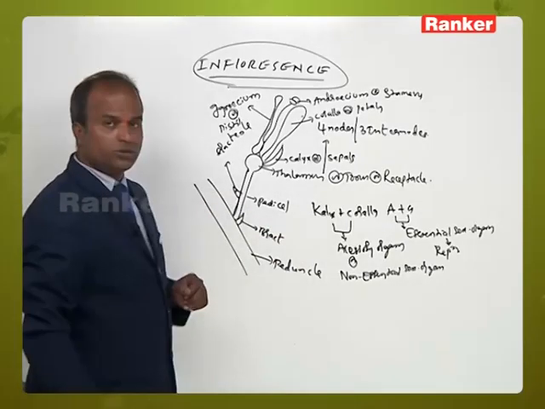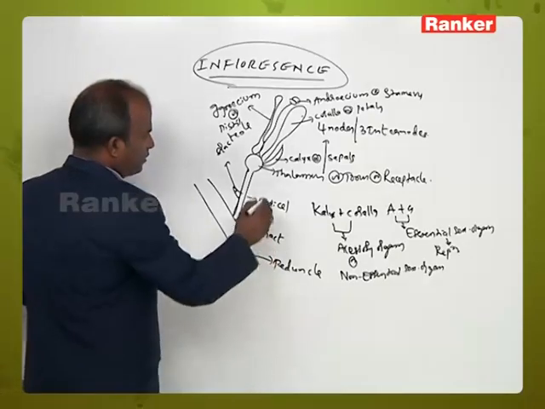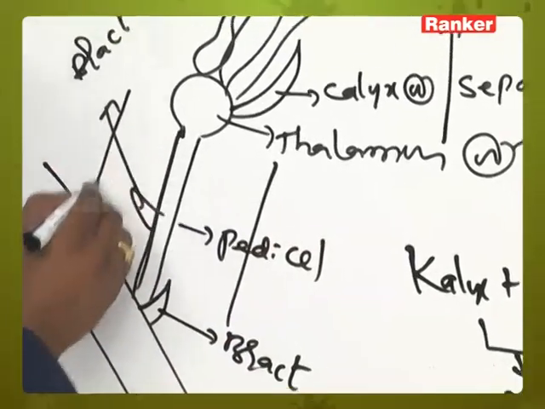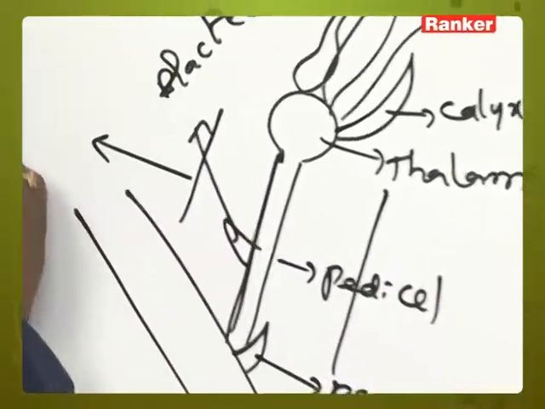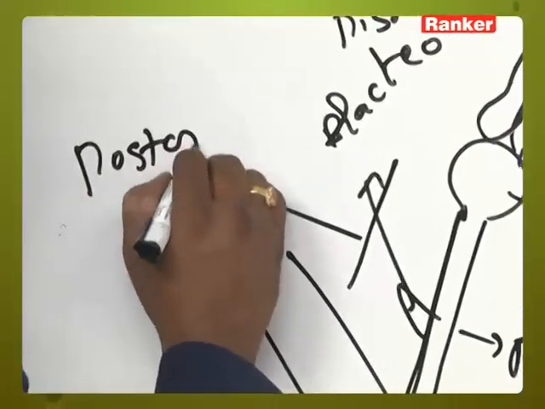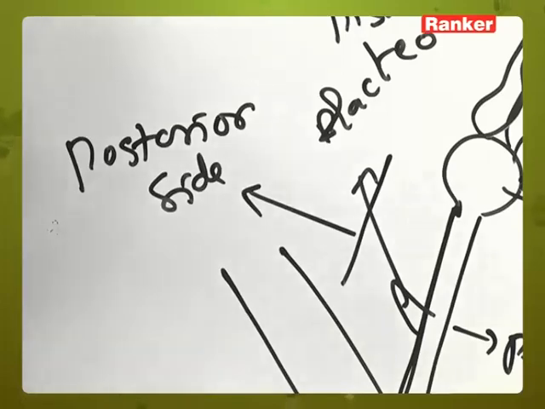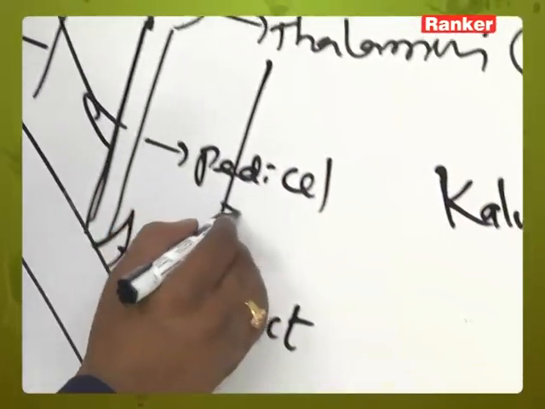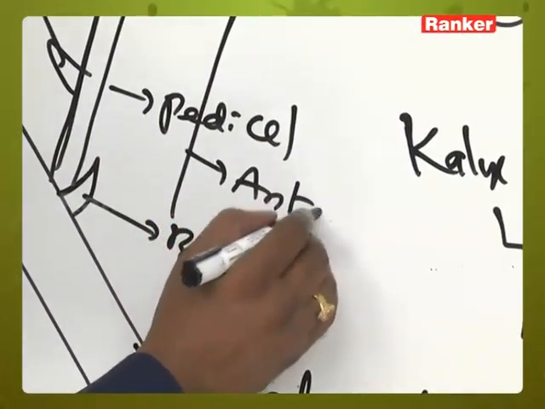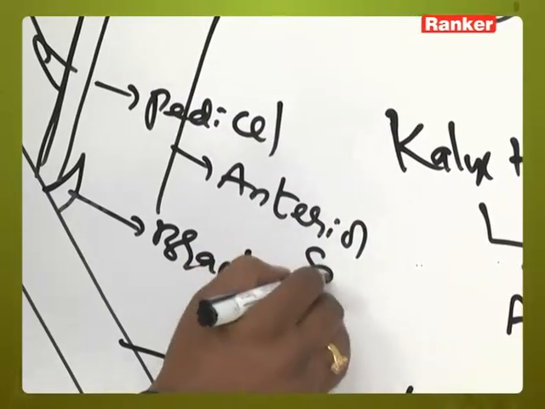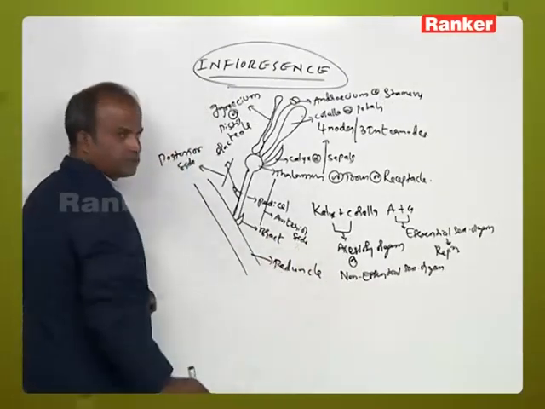Now the flower shows 2 sides. This side is called the posterior side, and this side is called the anterior side.